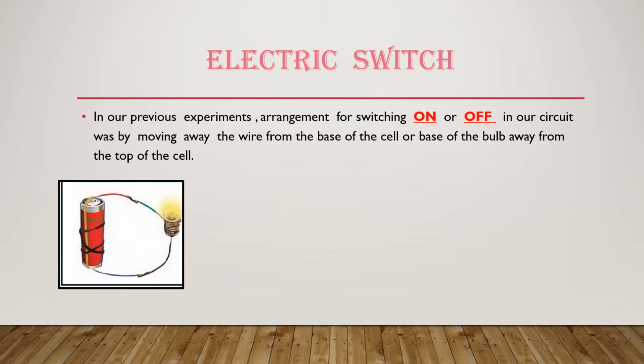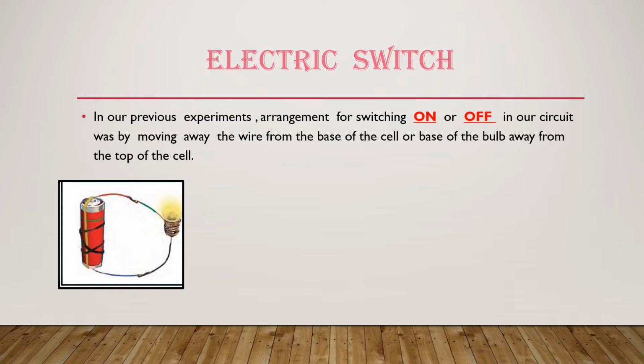By removing the wire from the base of the cell, what would happen? The circuit would break and the bulb will not glow. Or if you had made a circuit by placing the bulb on top of the cell, and you move the bulb away from the cell, what will happen? The bulb will not glow because the circuit is not complete.